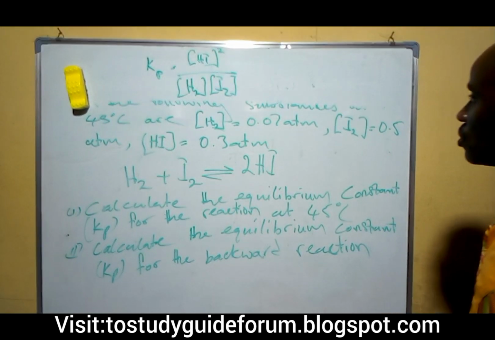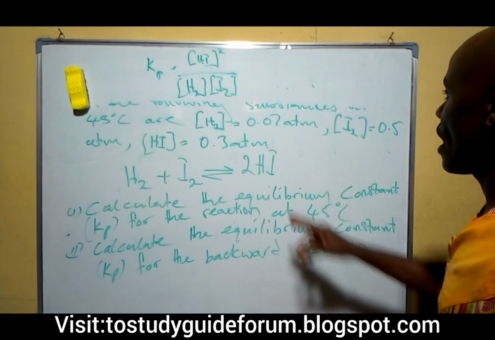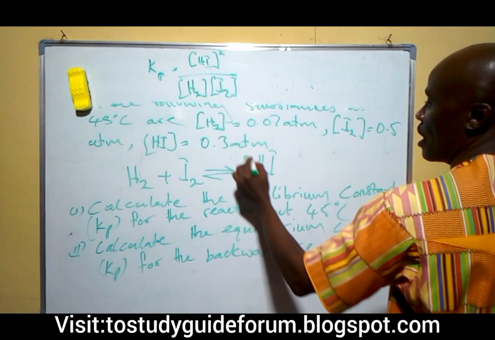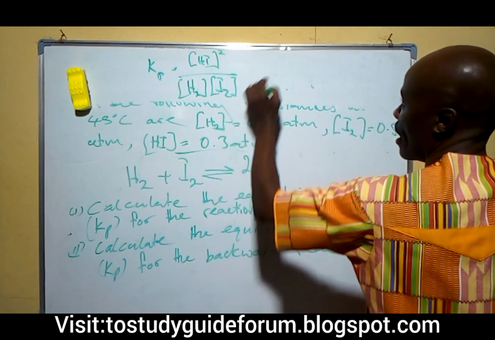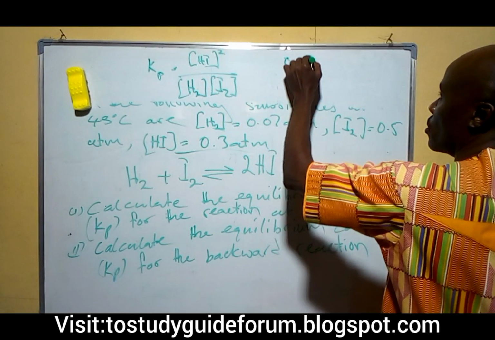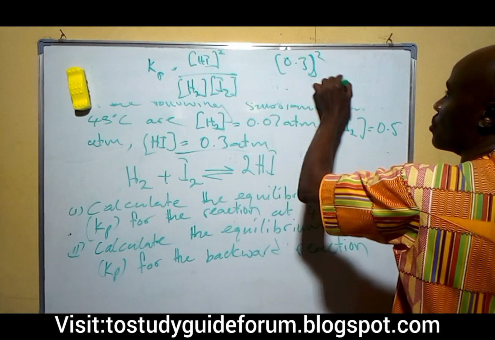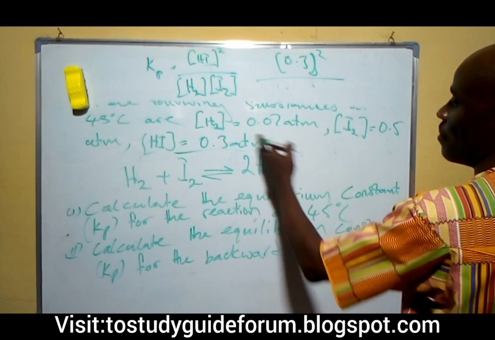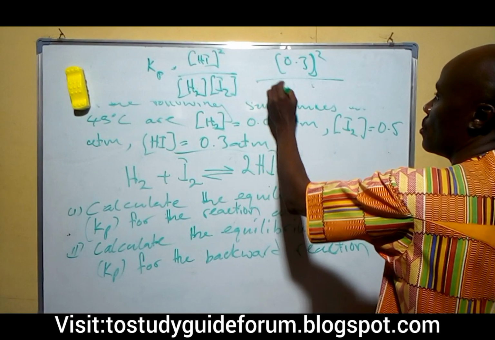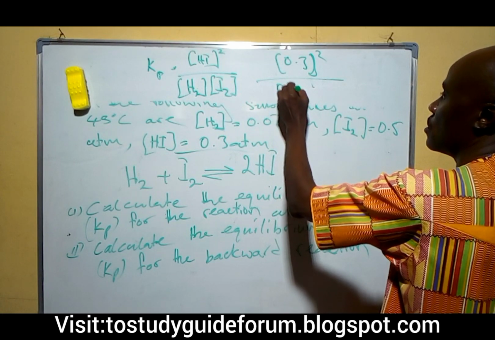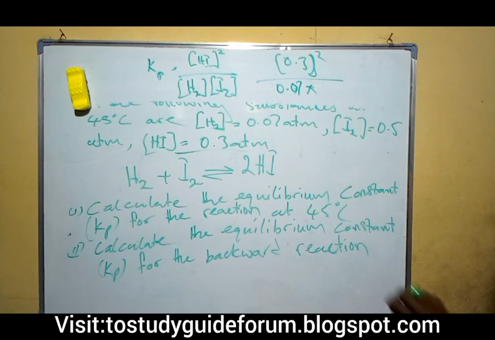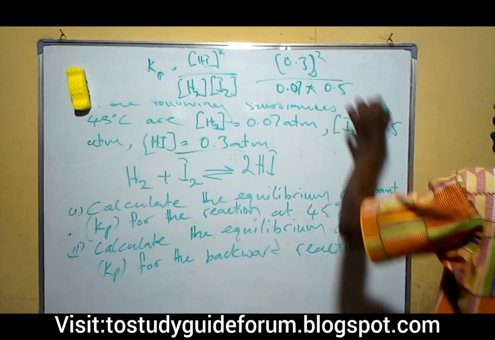Since we have the partial pressure for each of them, for the hydrogen iodide we have 0.3 raised to the power 2, and then for the hydrogen we have 0.07 times 0.5 for iodine.